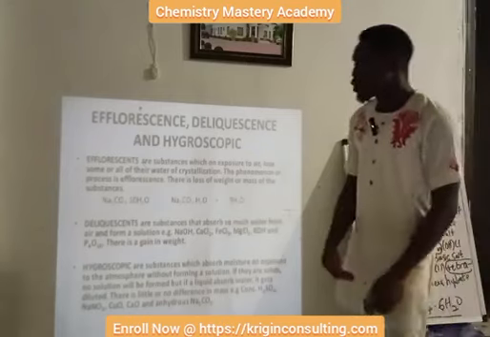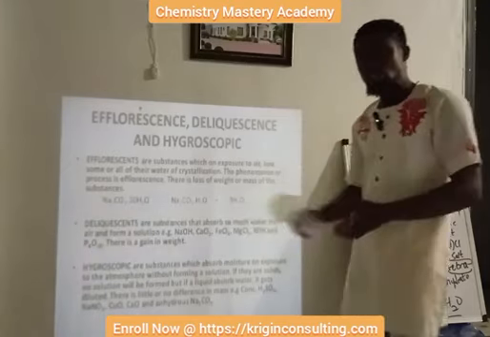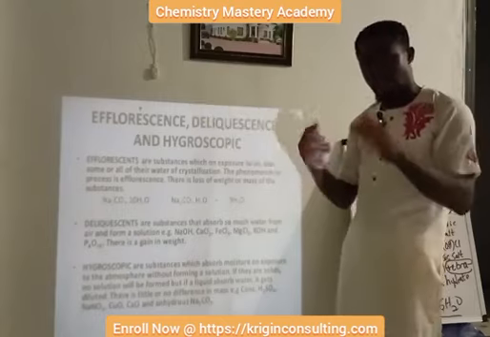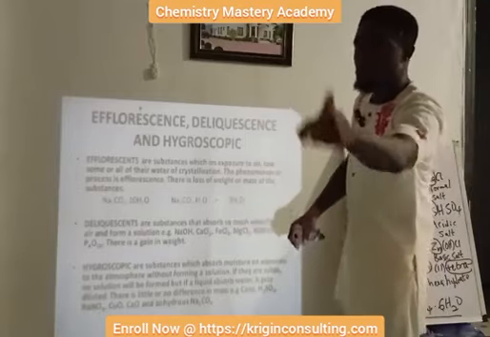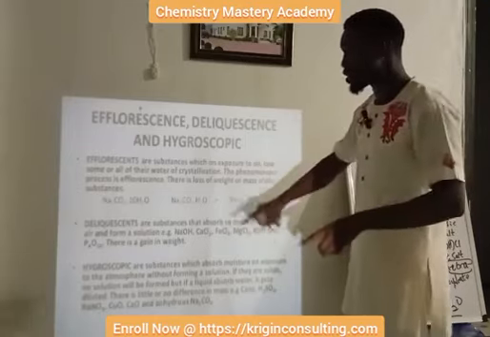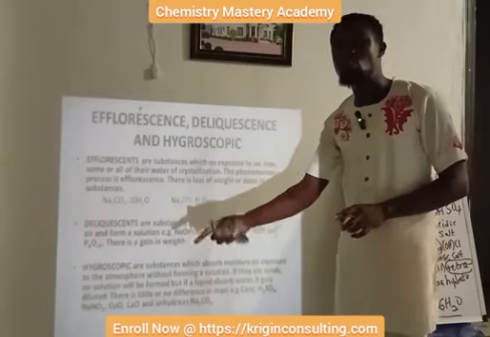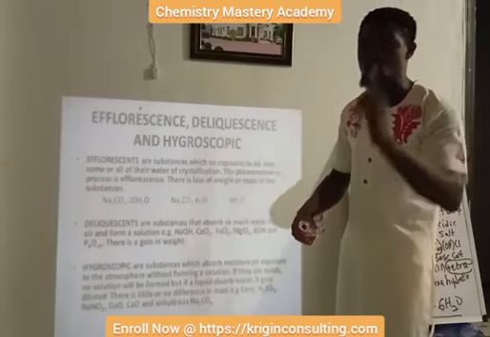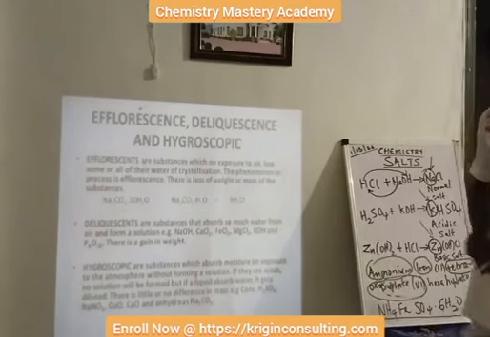Hygroscopic wants to look like deliquescent, but it's not like it. While deliquescent will absorb water and dissolve in it, hygroscopic will absorb water but will not dissolve in it. So the major difference is that deliquescent will dissolve in the water that it absorbs, hygroscopic does not dissolve in the water that it absorbs from the environment.